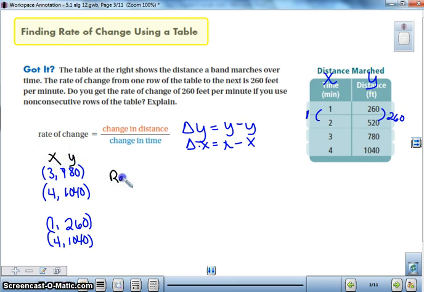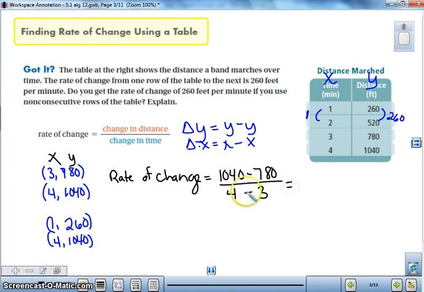So our rate of change is actually going to be equal to, we are going to take 1,040 minus 780 divided by 4 minus 3. If we do our subtraction, 4 minus 3 gives us 1. 1,040 minus 780 gives us 260. That is the same rate of change.